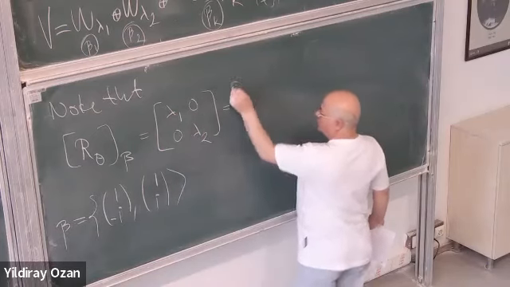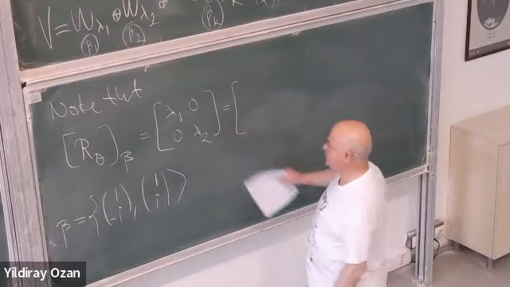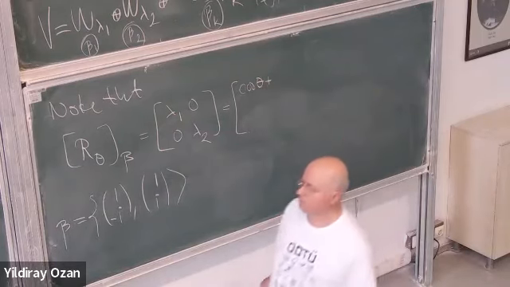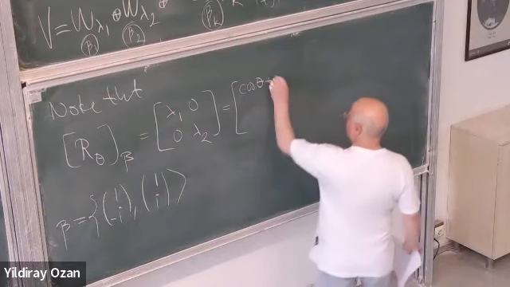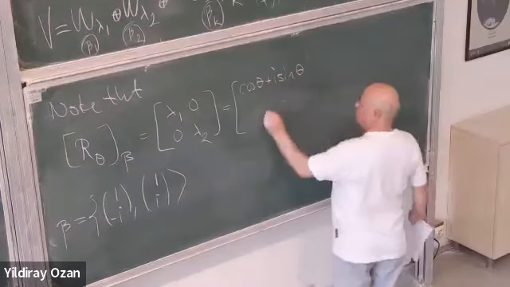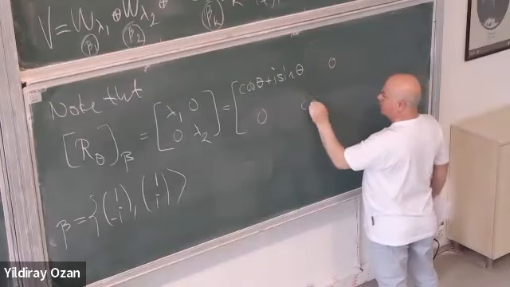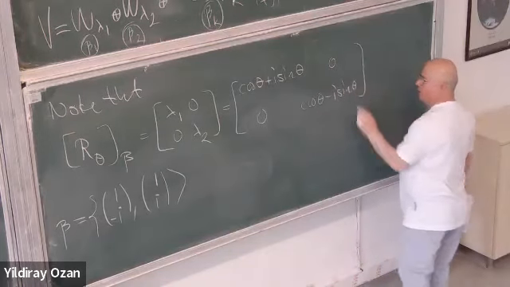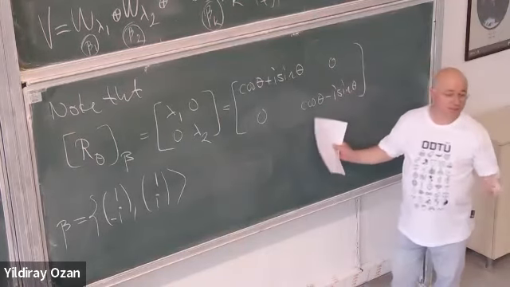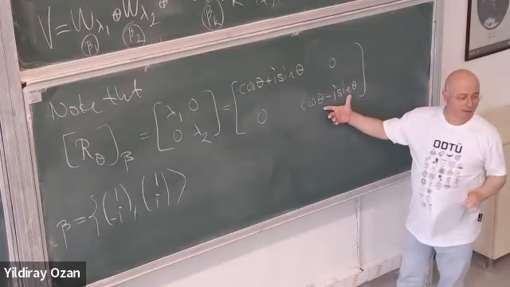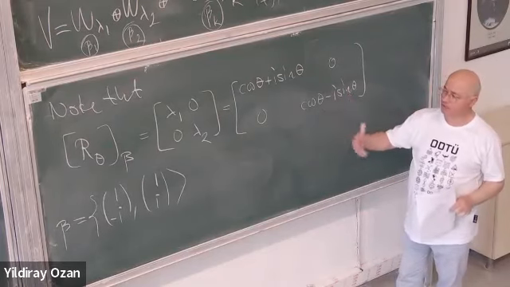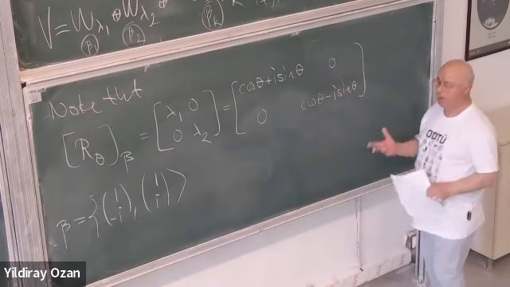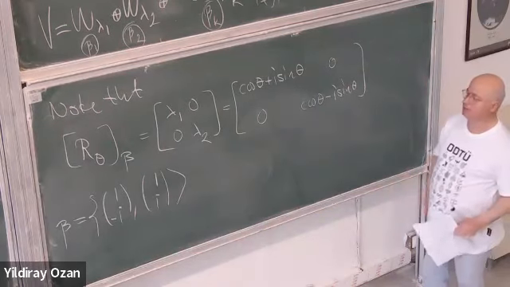This was cos theta plus I sine theta, 0, 0, and this is cosine theta minus I sine theta. The diagonal matrices are different. They depend on theta, clearly, but the basis which diagonalizes all of them is a common basis. It is independent of theta.